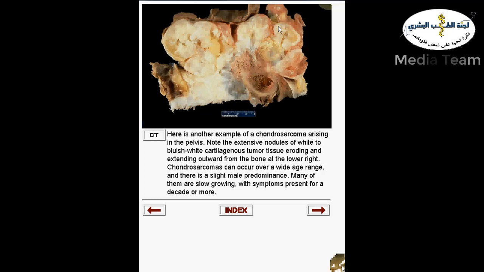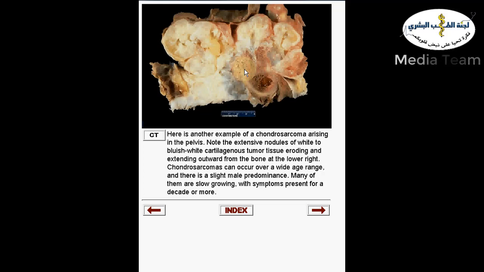Look here, this part is involving a pre-existing skeletal muscle, and this is a remnant of the muscle at the top part of the picture. This is the residual muscle. So this must be malignant just from looking at the gross picture without even looking at a microscopic picture for this tumor. There is a slight male predominance, but actually not much difference between male and female.